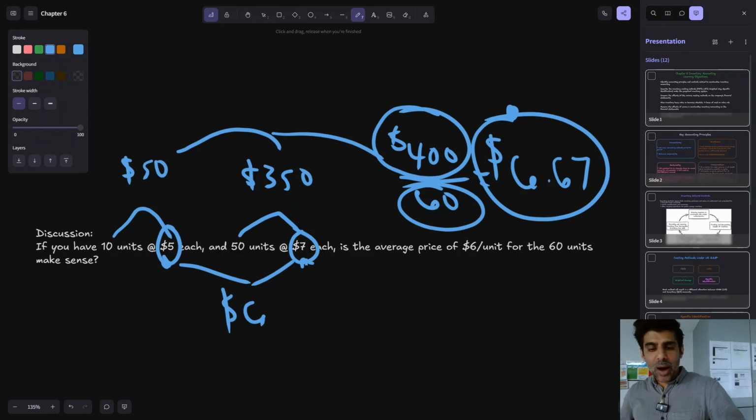We're only going to update this when we buy new inventory at a new cost, because that will change the weighted average. But until then, these 60 units, we can represent the value of them with one price. So you can argue this is the simplest method. You don't have to keep track of all the different layers, and you can just average everything together.